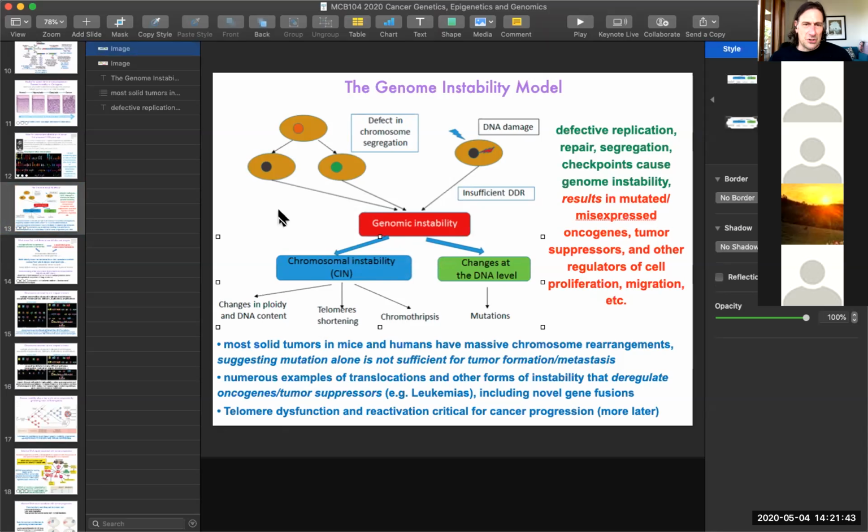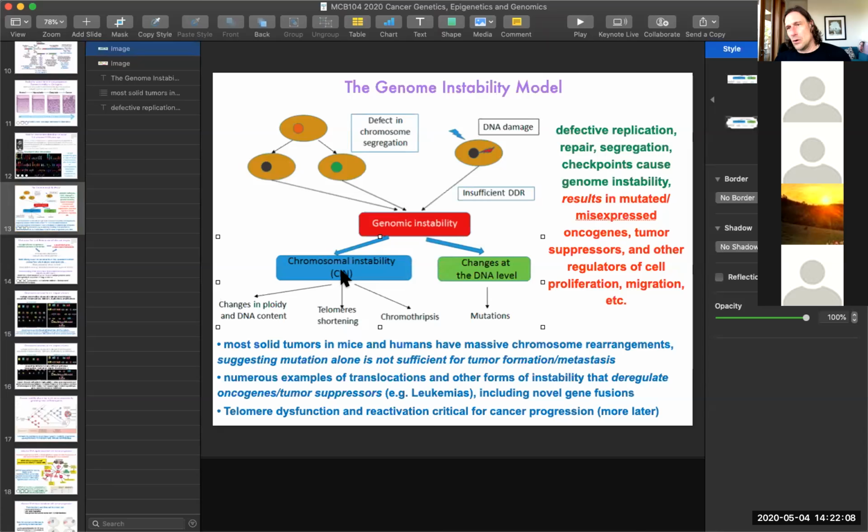think about it is that genome instability is a general category that includes things like small changes, mutations, single base changes, maybe small insertions or deletions. So what we would normally call mutation. Chromosome instability is much more specific, meaning it has to do with changes in the number or the organization of chromosomes.